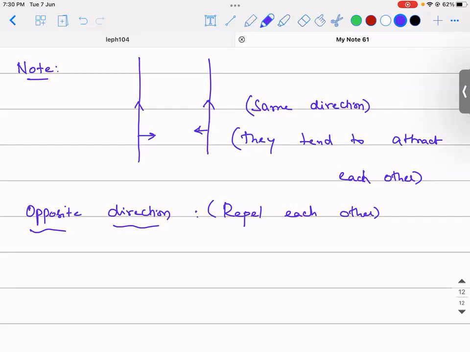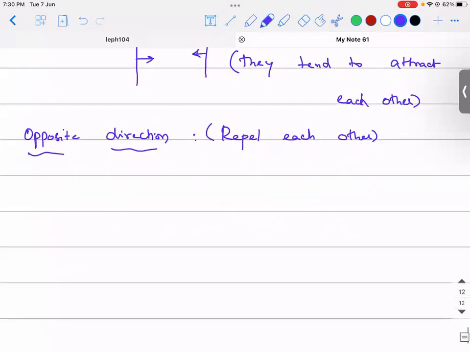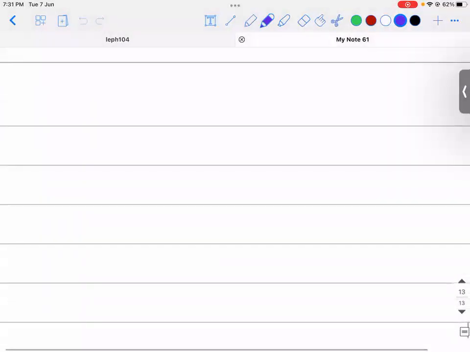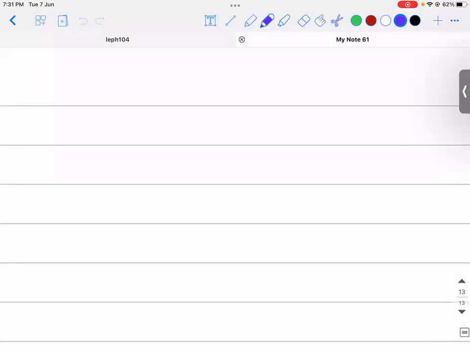Done. Now see, the next point that we are supposed to discuss is, till now we were discussing about what happens when a current carrying conductor is placed in external magnetic field, or what happens between two parallel current carrying conductors.